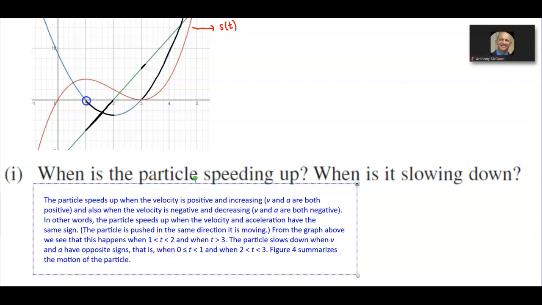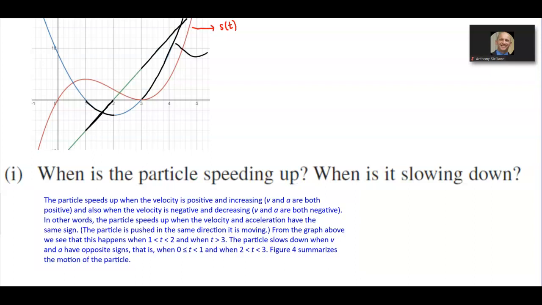And we can also see that the acceleration graph is also above the x-axis. So it's the same sign here. So we can see here that the velocity and acceleration have positive signs. And over here, we can see that the velocity and acceleration have negative signs. So when they have the same signs, that means the particle is speeding up.